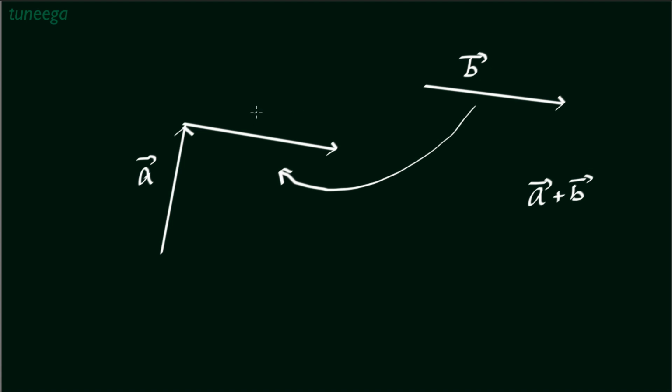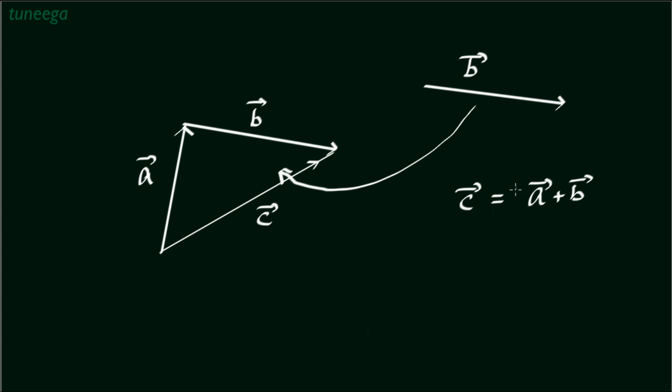So if this is B, this is also B. So now we have displacement A, I arrive here, and from here perform displacement B, and the resultant, which is A plus B, is the displacement C, which starts at the tail of A and ends at the tip of B. So this is C. So C is equal to A plus B.